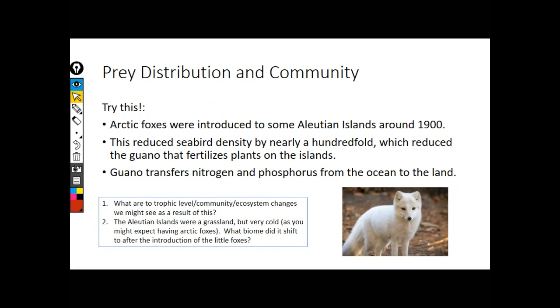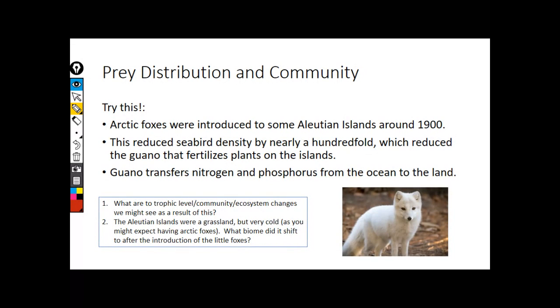Okay, so let's talk about some of the things you expected to find. What sort of organism changes might we expect? The trophic level, community, or ecosystem?